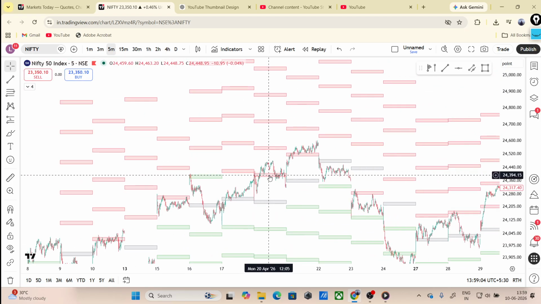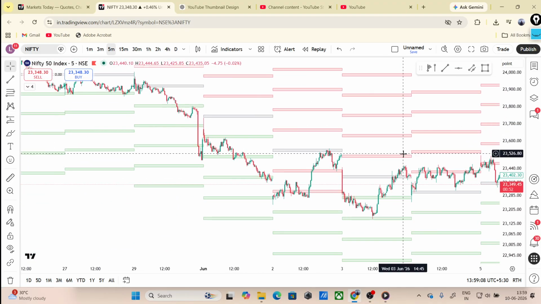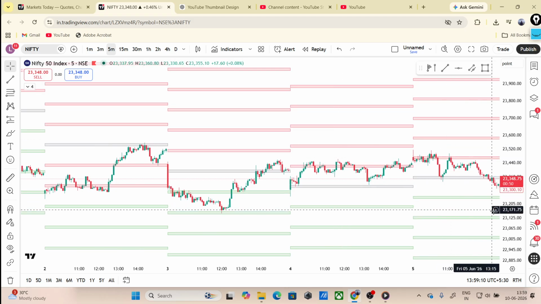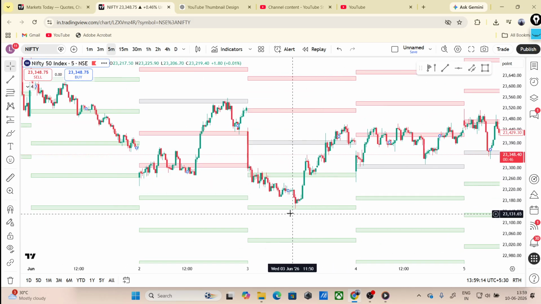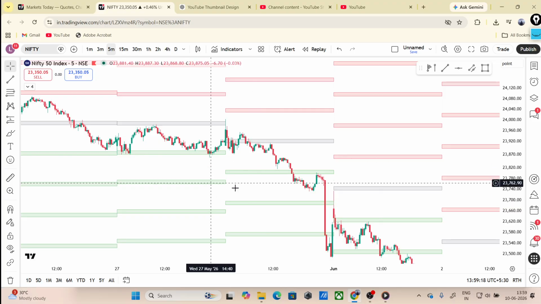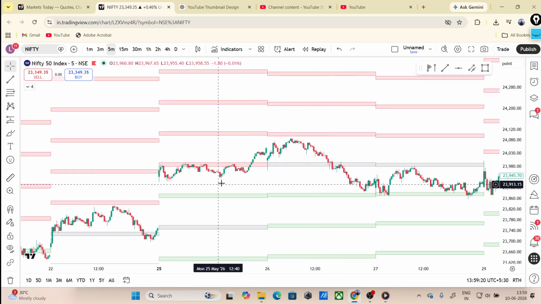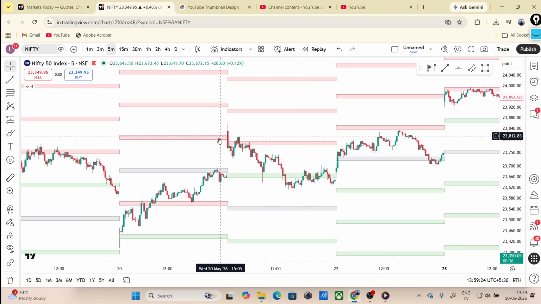See here, up to 100 or 150 days it will show. You can easily backtest how the zones work. Zone is working good, see here, here, here.